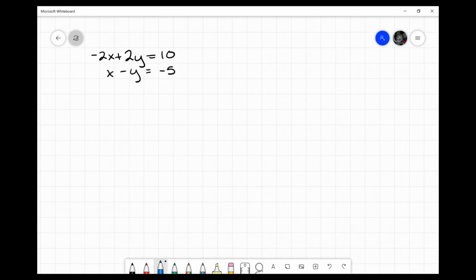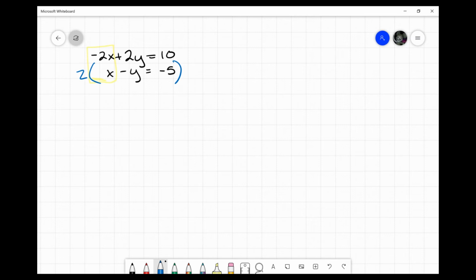Again, we are going to be using elimination. I see that I could eliminate the x's. I can make them go away if I had a positive 2x on the bottom, because a negative 2x and a positive 2x would be 0. So I'm going to multiply the entire bottom equation by 2.